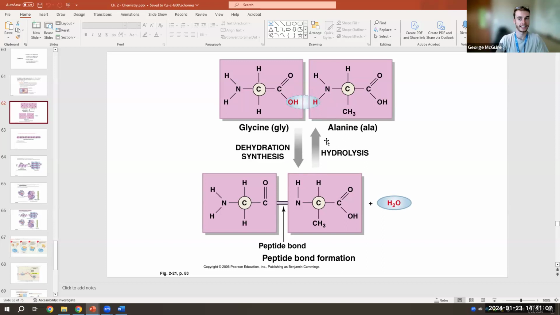And then hydrolysis is the opposite. Hydrolysis would be using a water molecule, adding it to this, which would break those bonds and then replace them with a hydroxyl group and a hydrogen. So knowing these two terms, yes. Knowing any further detail about this bond besides its name, no.